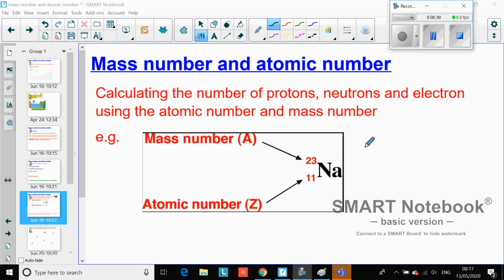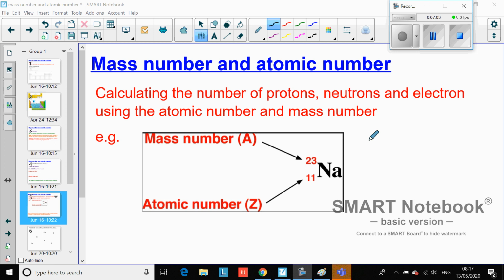Okay, so 23, 11 of which we know are going to be protons. So how many neutrons are there? So what you would do is 23 minus 11. And that tells you how many neutrons there are. So 23 minus 11 is 12.